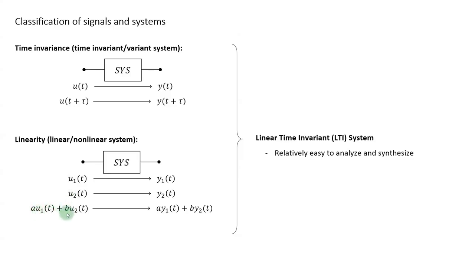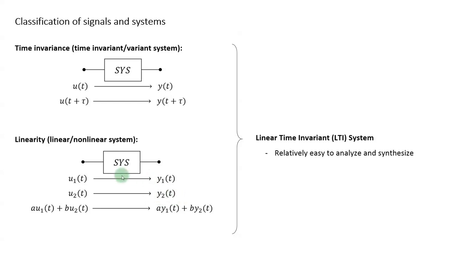Here, these two signals are multiplied by constants a and b, and then they are summed together. This combination we call a linear combination. Now, when I feed this linear combination to my system and I get the same linear combination of the outputs, we say that the system is linear.